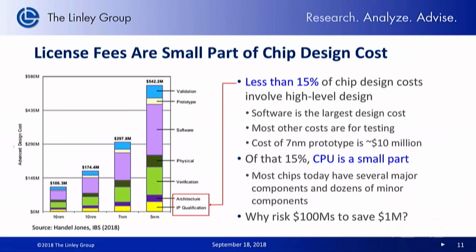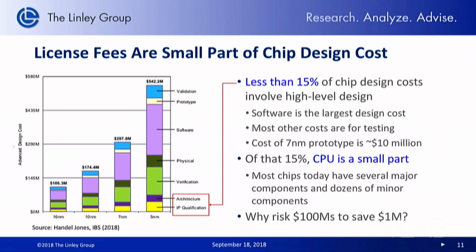And then typically, a chip company has to develop a lot of software to go along with their hardware. So roughly half of the spending is on software. And so the two boxes at the very bottom are really where you're designing the CPU as well as all of the other components on the chip.